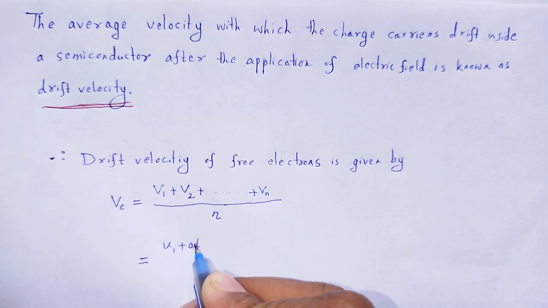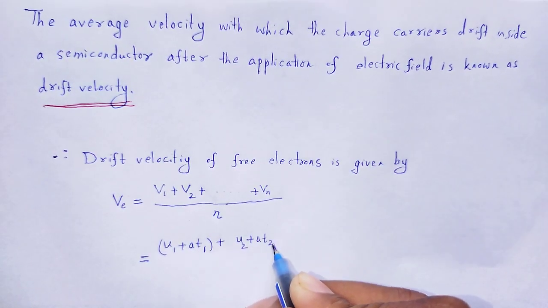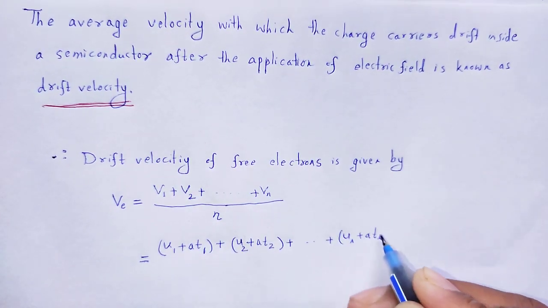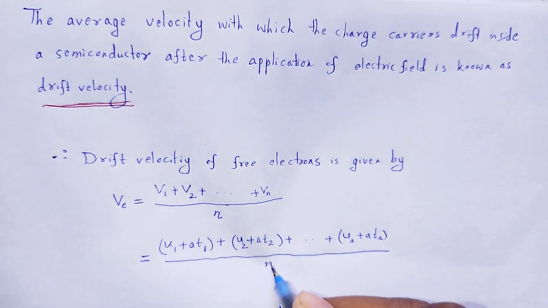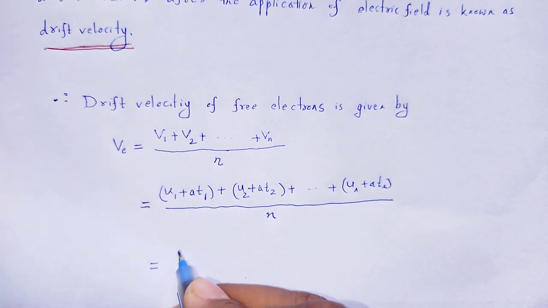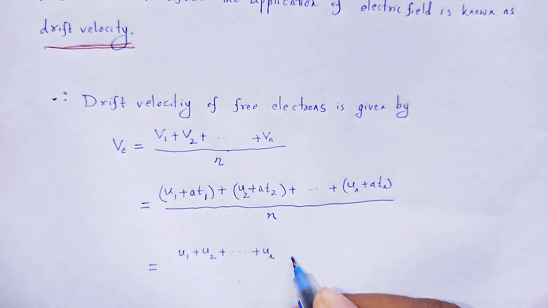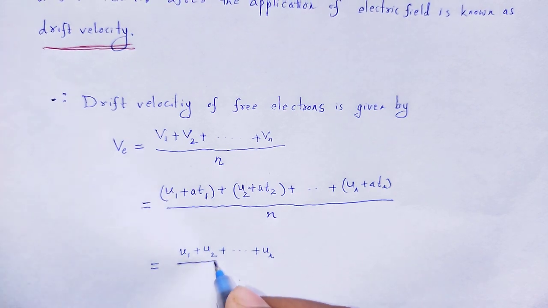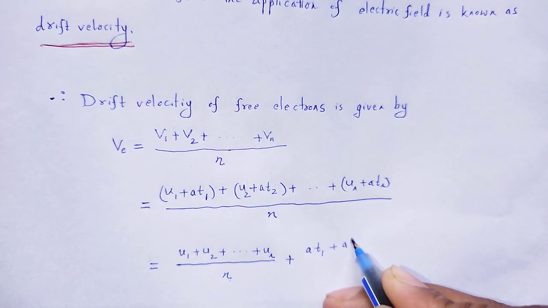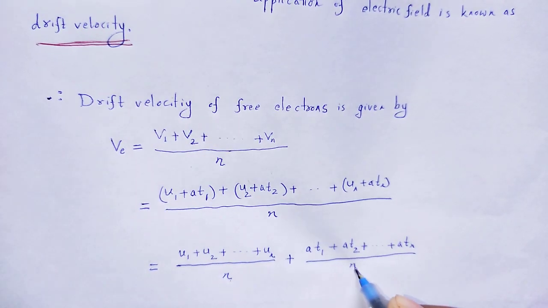So (u1 + a t1 + u2 + a t2 up to un + a tn) divided by n, separating as (u1 + u2 up to un) divided by n plus (a t1 + a t2 up to a tn) divided by n.